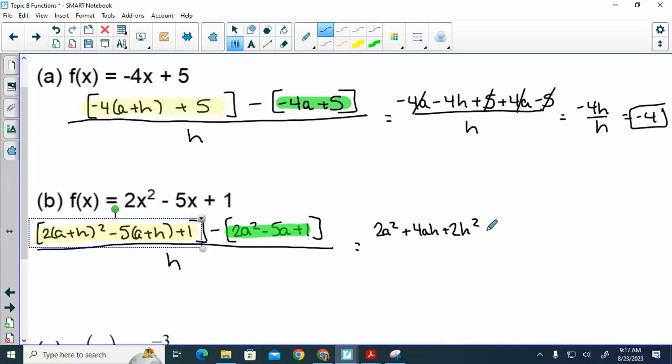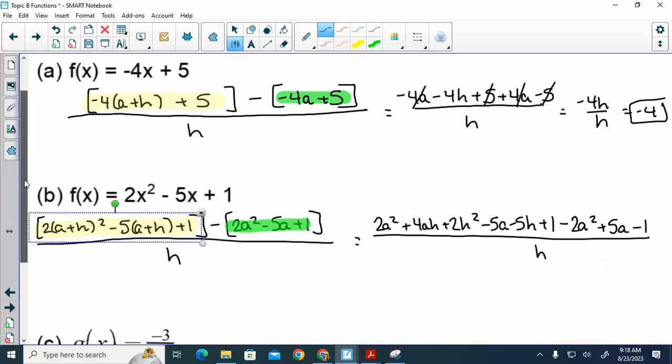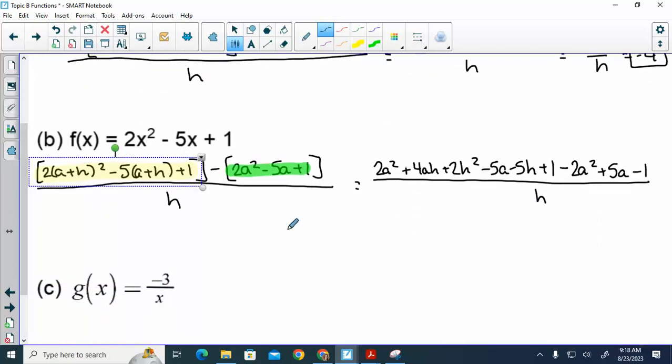This one I distribute my negative 5. And then I take a negative through that whole green parenthesis. All right. So what happens? Cancel stuff. 2a squareds drop. 5a's drop. 1's drop.